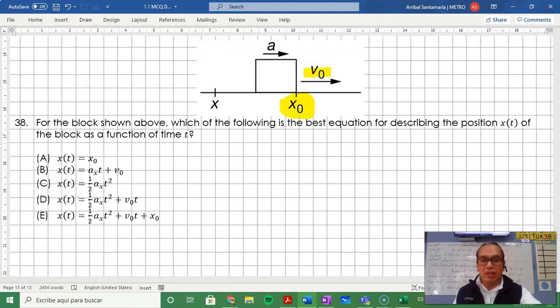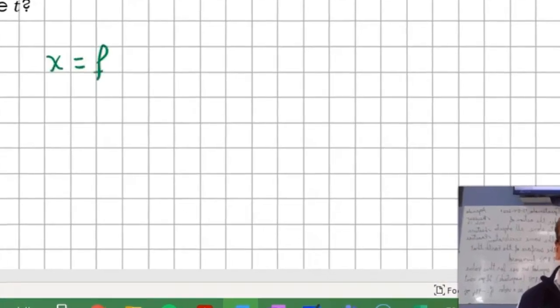function of time of second degree, a t squared plus bt plus c, where a, b, and c are constant.